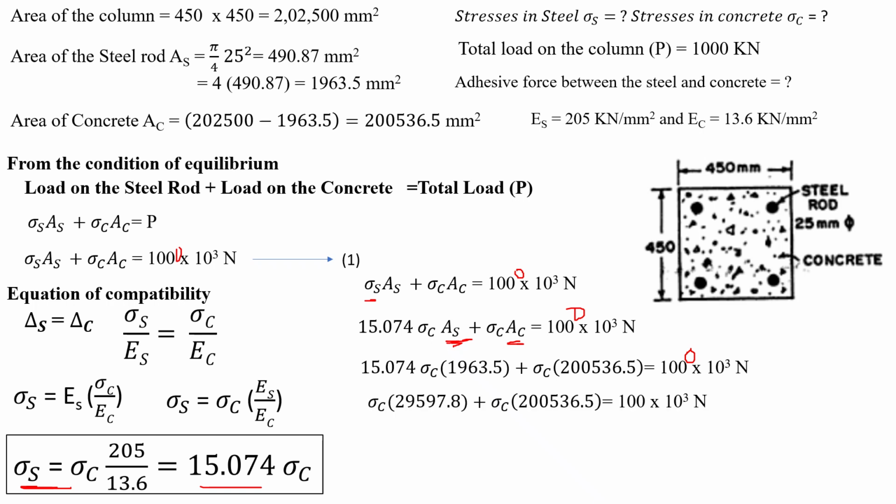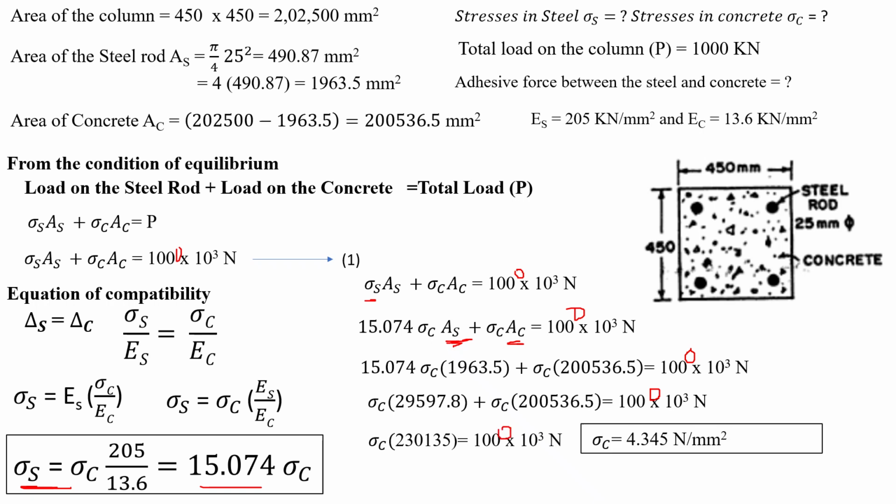So from this we can solve directly, and we get the sigma C value as 4.345 Newton per mm square. So we got the sigma C value and we have the relationship between sigma S and sigma C, that is sigma S equal to 15.074 sigma C. Then sigma S will become 65.5 Newton per mm square.